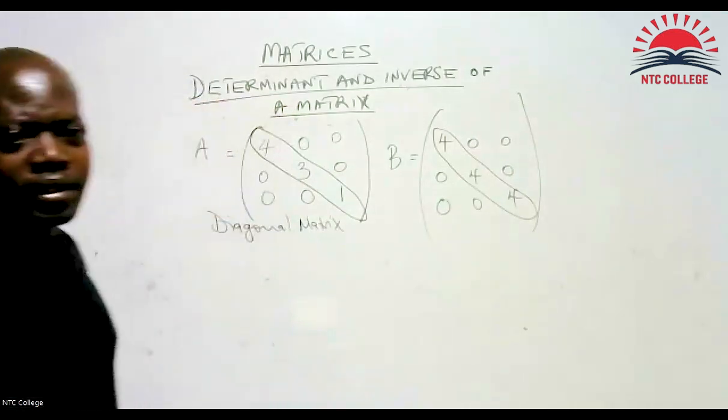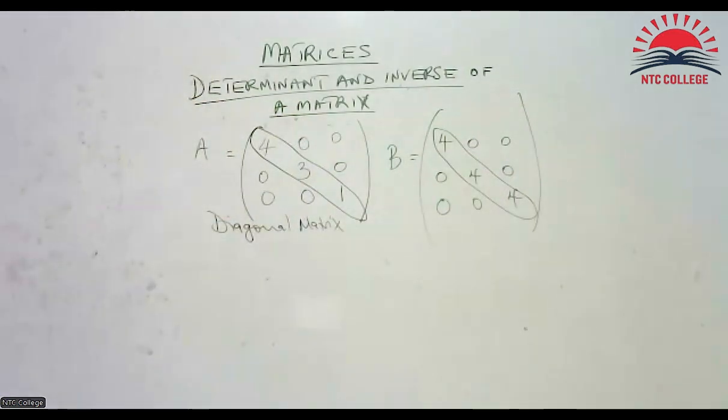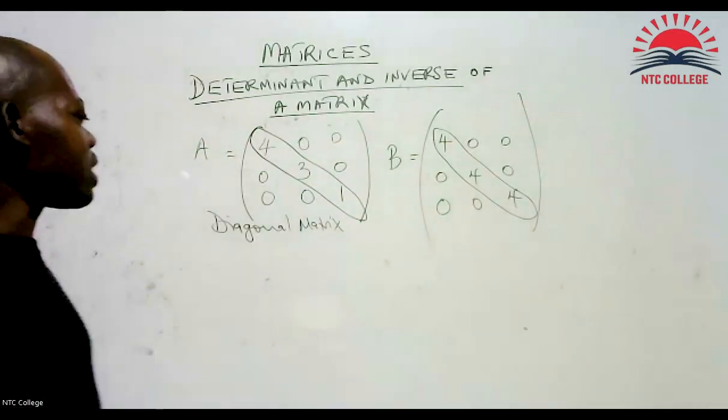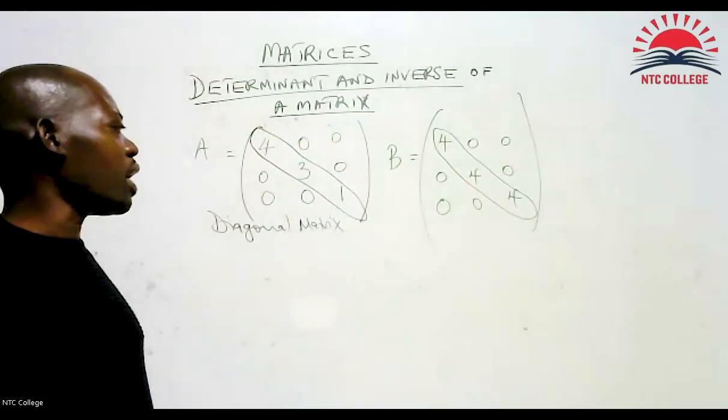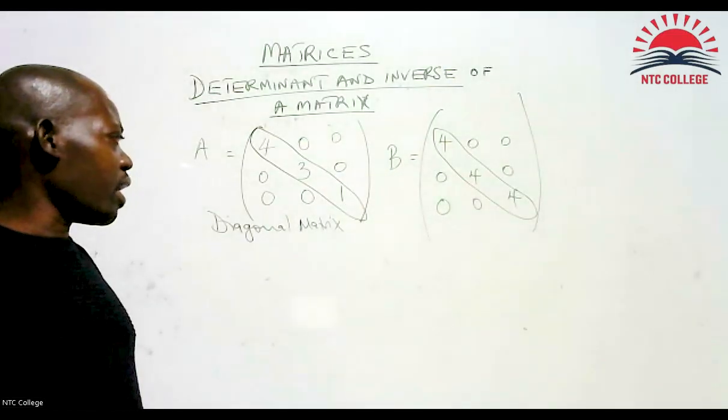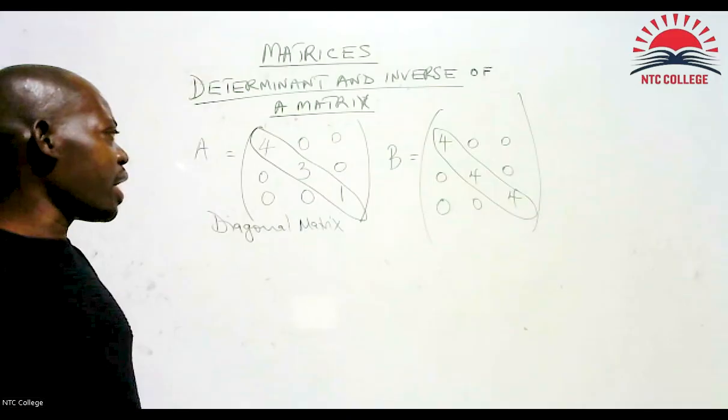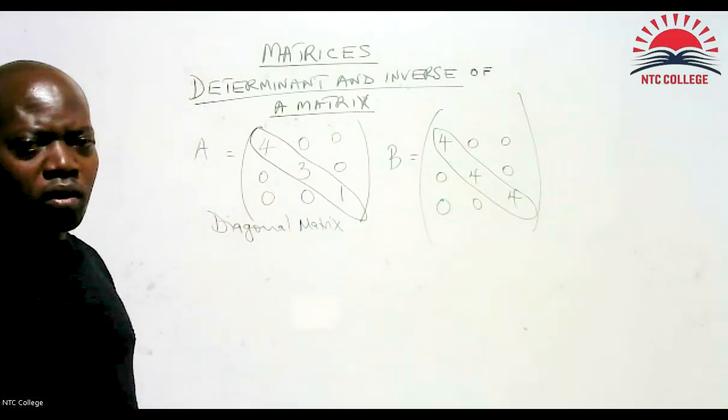So a scalar matrix is a square matrix in which the principal or main diagonal has got the same elements. The elements in the main diagonal must be similar all through.